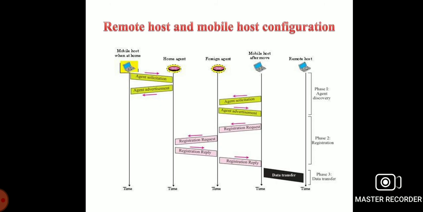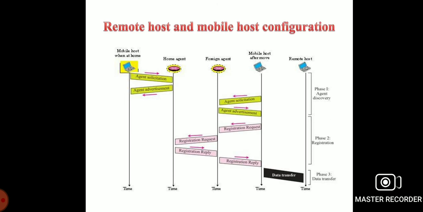Also the mobile host after the move again does agent solicitation, advertisement and registration request, and the registration is moved to another remote host, that is, another autonomous area. So for another autonomous area, three phases are needed: phase 1 is agent discovery, phase 2 is the registration process, and phase 3 is data transfer.